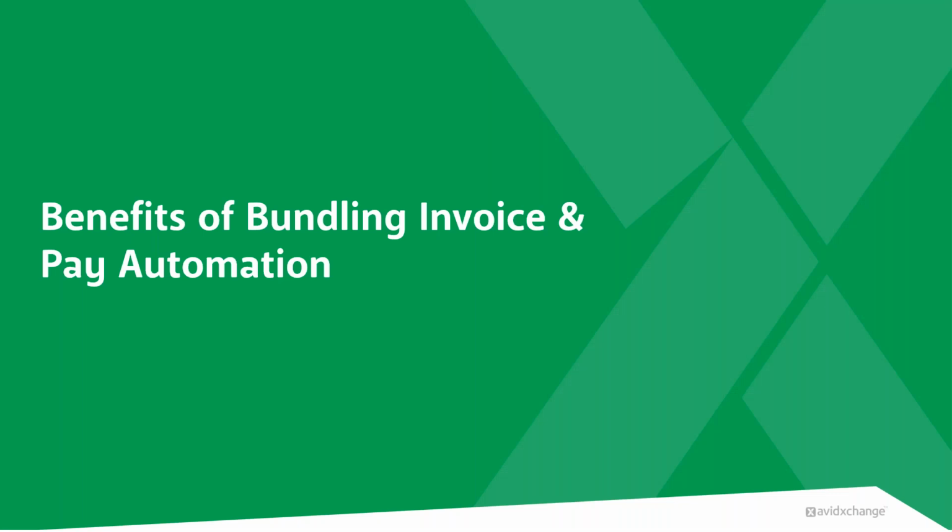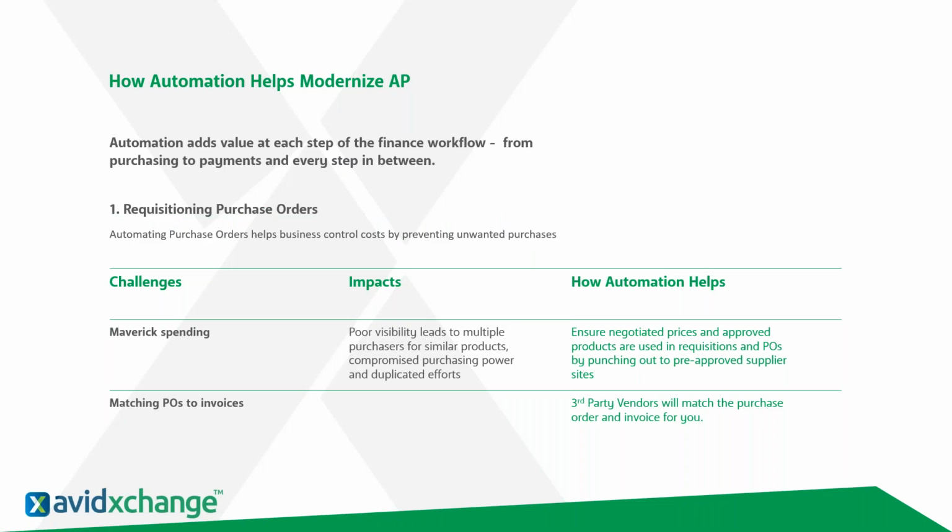Great, let's go over the benefits of taking both the invoice and the pay automation together. So, step one, the purchase order. If you have purchase orders, we can automate this. We'll give you the control and visibility to eliminate any unauthorized purchases.